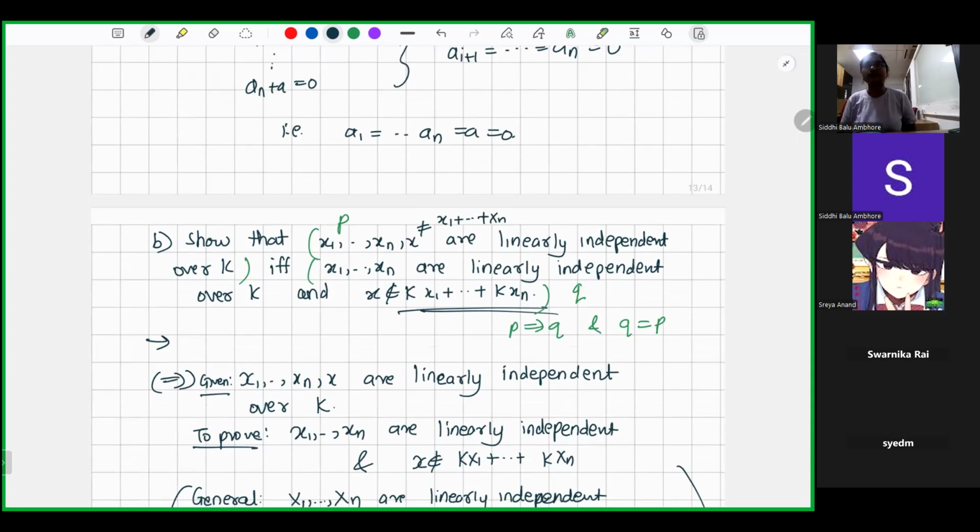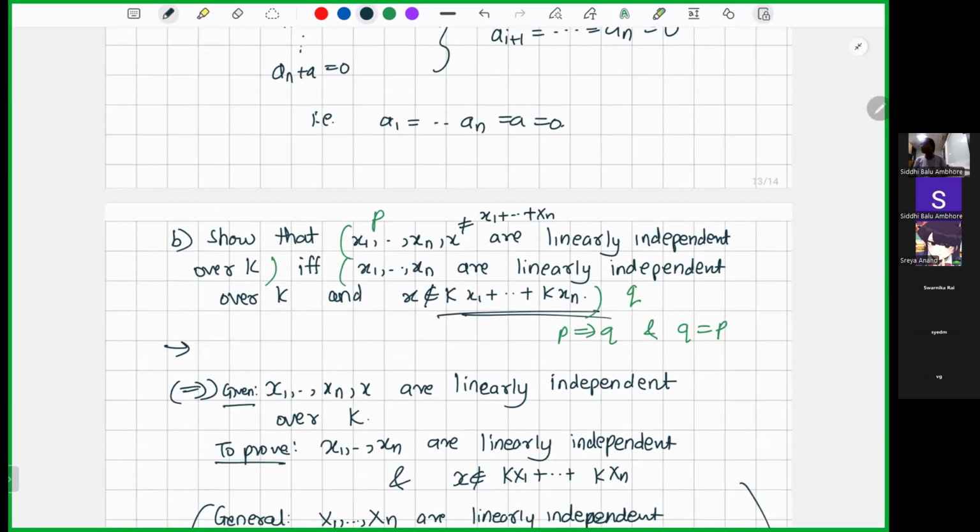In the B part, it was said that if and only if x1 to xn are linearly independent over k and x does not belong to k of x1 up to k of xn. First of all, this x is definitely not this.